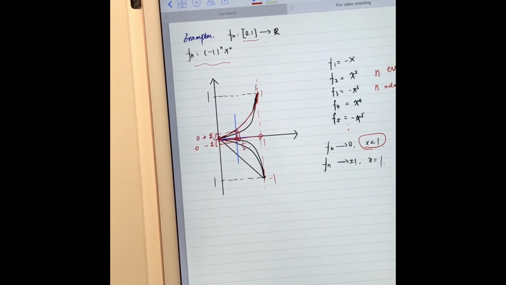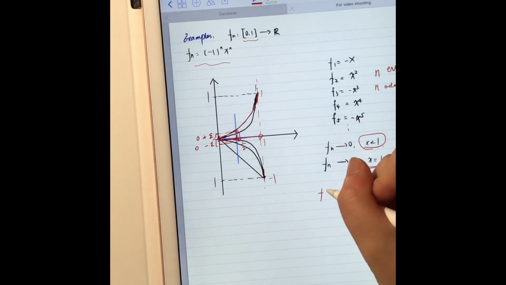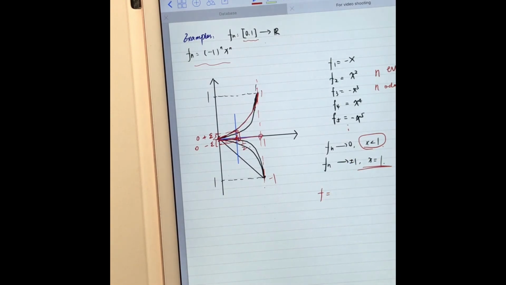Actually, I wouldn't say the function that the sequence of functions is converging to, because you see, when x equal to 1, the function that we're trying to show fn is converging to has two values, which are 1 and -1.